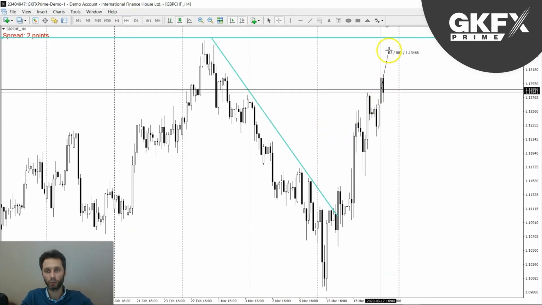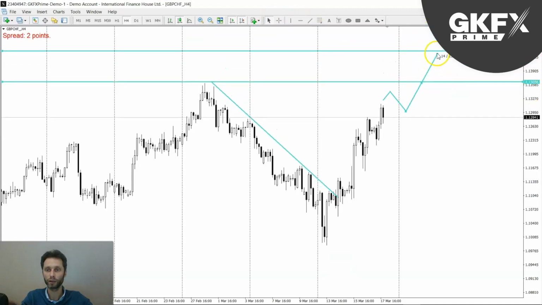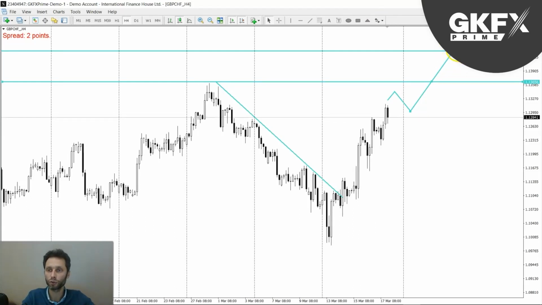If we get another push to the upside and pull back, then any pullback to a better price would be good. And ultimately I'll be looking at this reference point here, this high, which is about the 1.14 or so.